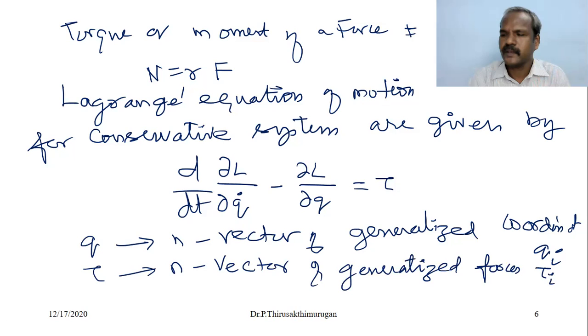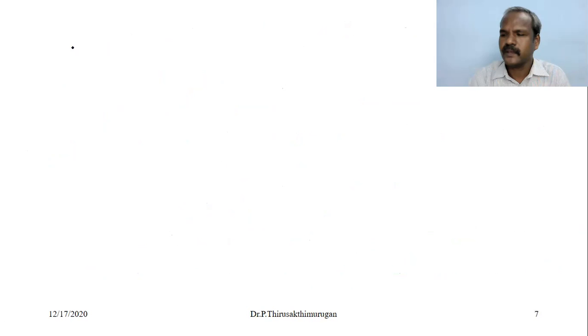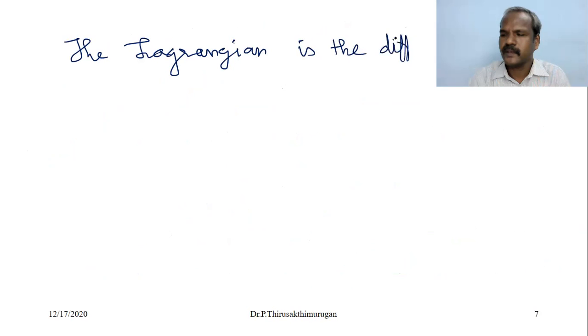The Lagrangian is the difference between kinetic energy and potential energy, that is L equal to K minus P. This is the Lagrangian equation.